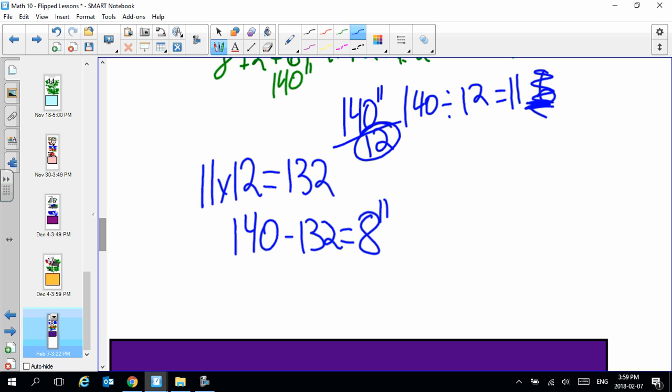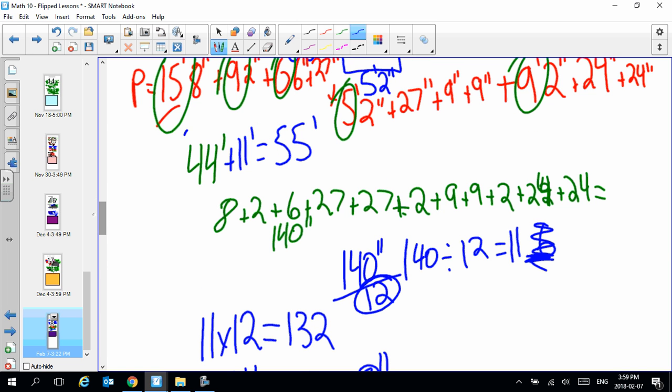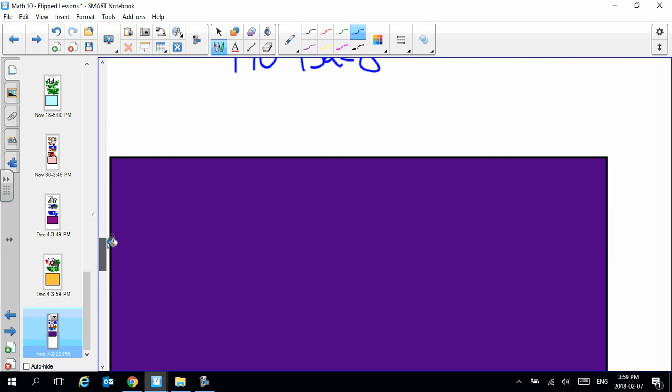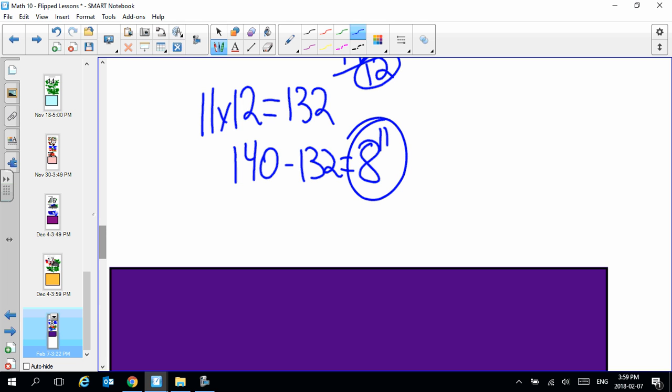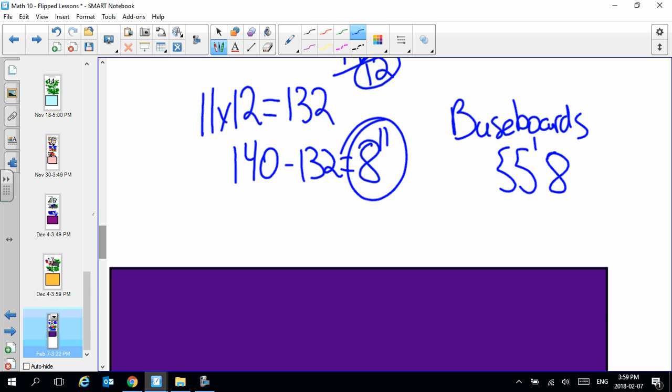Okay, so my final answer is 55 feet, 8 inches. Okay, so the baseboards, she's going to need 55 feet and 8 inches of baseboard.